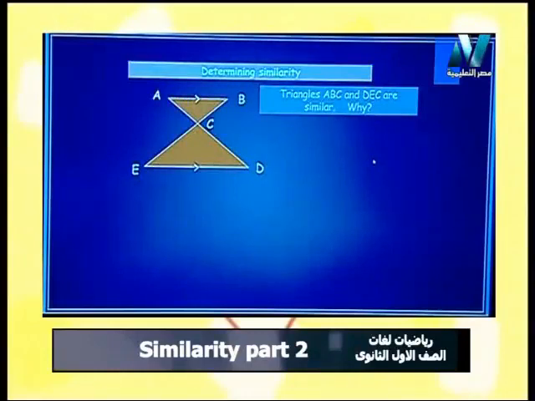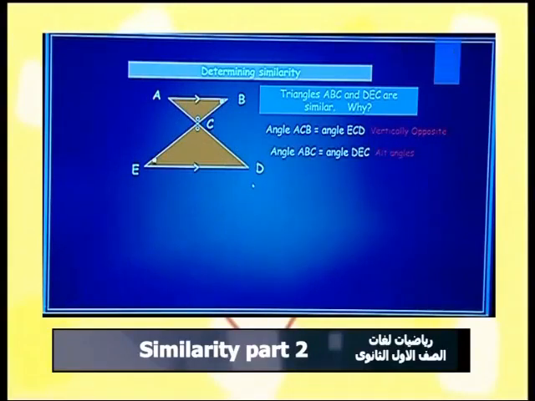Let's go to the next slide. We have determining similarity. Triangles ABC and DEC are similar. Ask yourself why they are similar. We have angle ACB congruent to angle ECD, or measure of angle BCA equals measure of angle ECD.